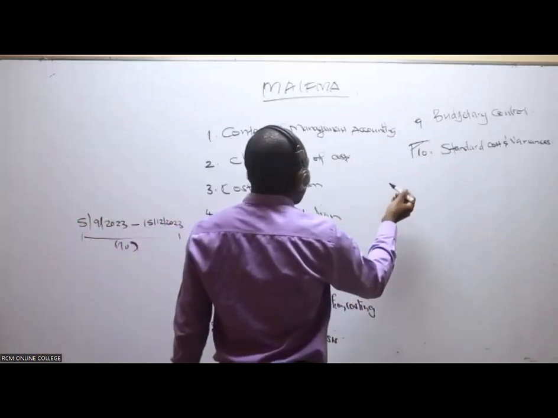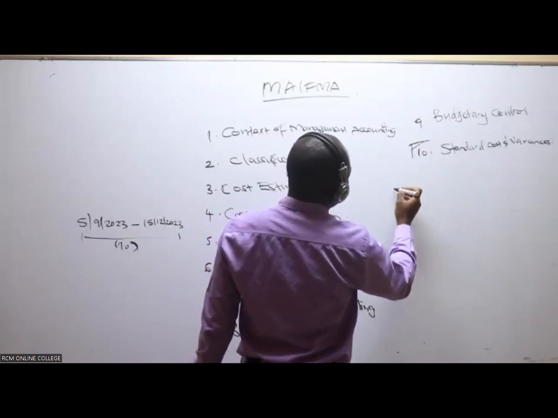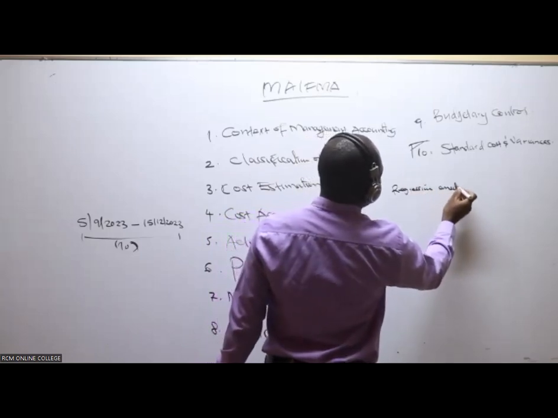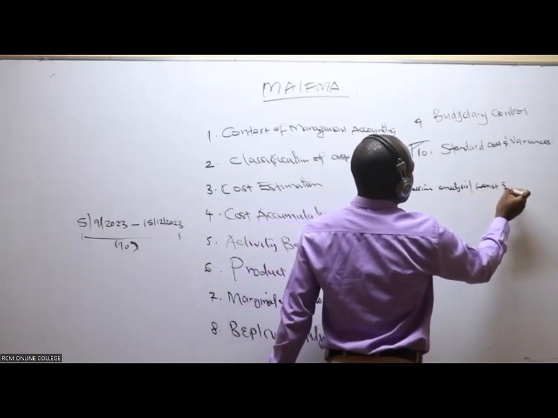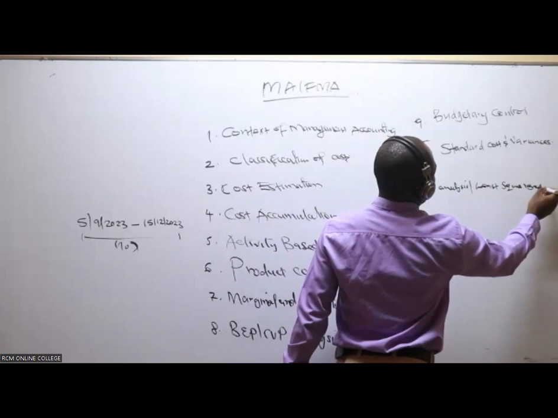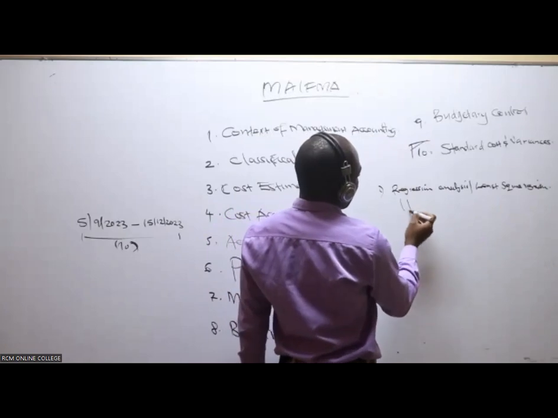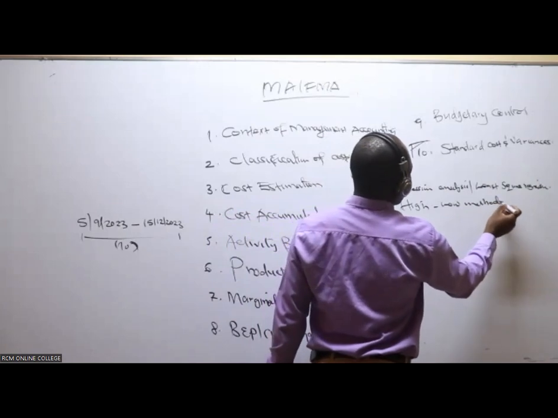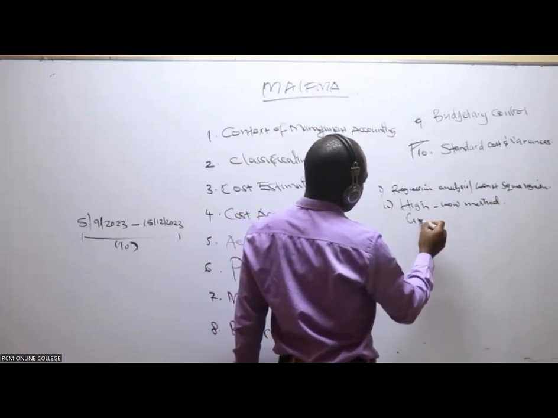Under this cost estimation, you need to understand these basic things. We have regression analysis, or least square regression method, or simple regression. That's the name of that method. Then we have the high-low method. Then we have the graphical method.